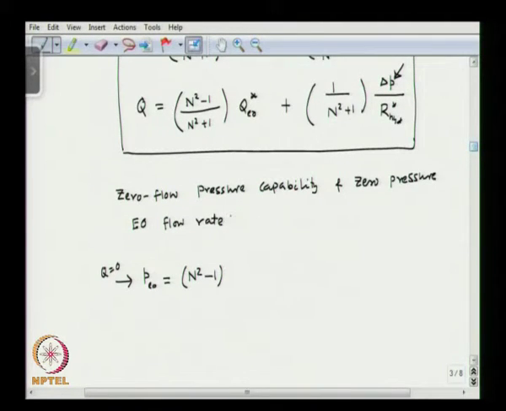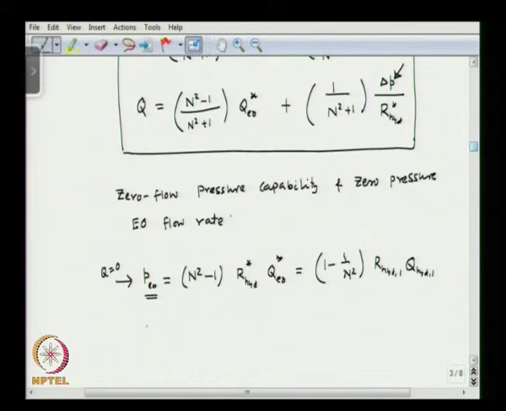Okay, n² minus 1 into R hydraulic star into Q EO star, which will be 1 minus 1 over n² into R hydraulic 1 into Q hydraulic 1. Okay. So, this is the zero flow pressure capability.